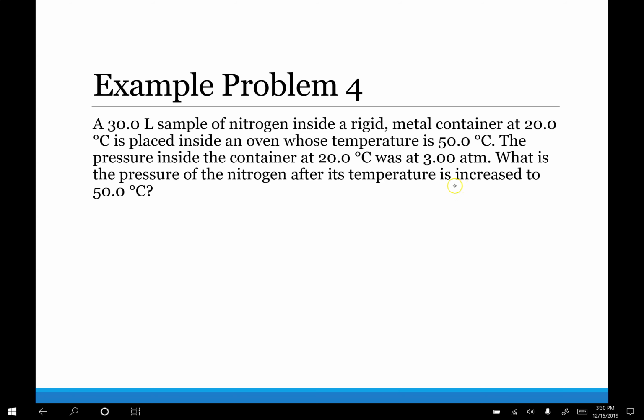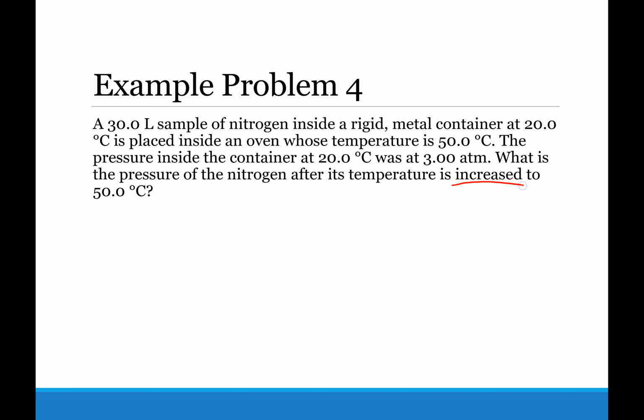So there's a change in conditions happening here. Temperature is being increased. So we know we're using P1 V1 over T1 equals P2 V2 over T2. So reading this again to see exactly what is happening. There's a container of nitrogen and it's being placed inside of an oven.